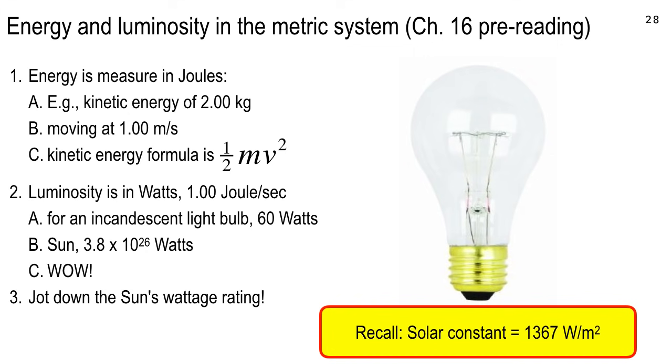Now the sun has this huge wattage rating, and make a note to yourself: a watt times a second is a joule, because 1 watt is a joule per second. 1 watt times a minute is 60 joules. A watt hour is 3,600 joules of energy.